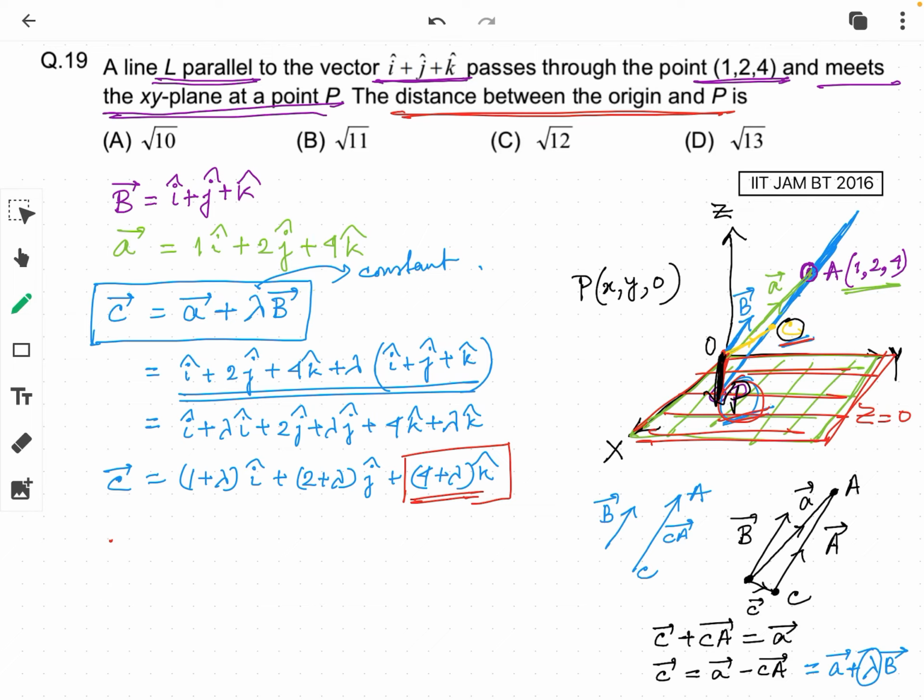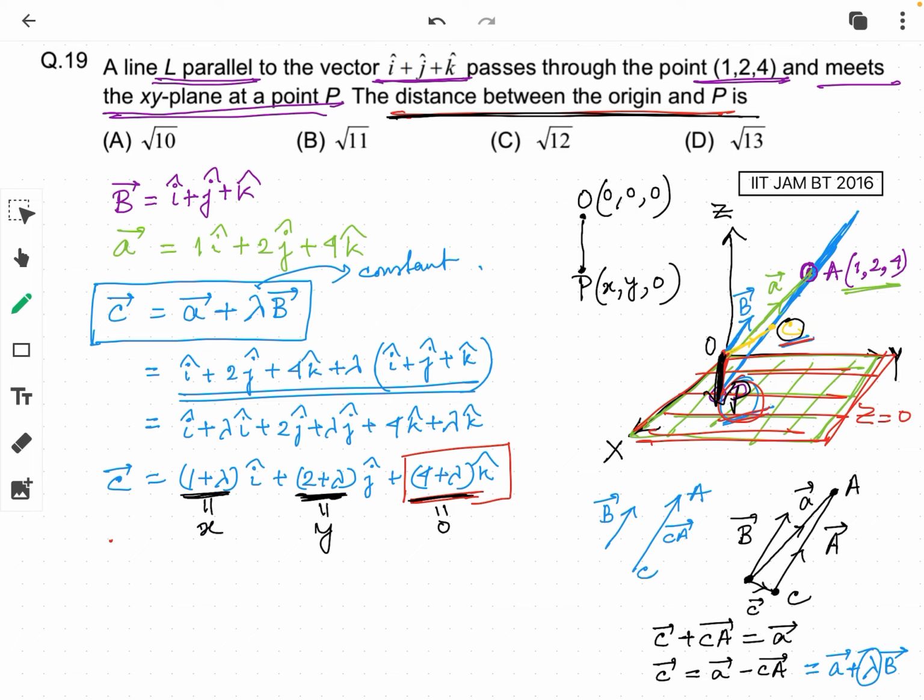We don't know x and y, but we know z is 0, and the coordinates of O are 0 comma 0 comma 0, because O is the origin, and we need to find the distance between the origin and P. So we have 4 plus lambda equals 0, 2 plus lambda equals y, and 1 plus lambda equals x.